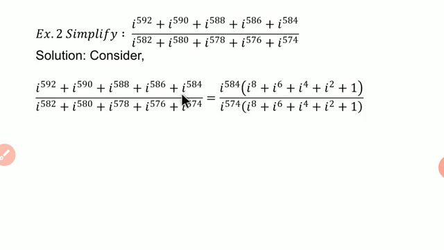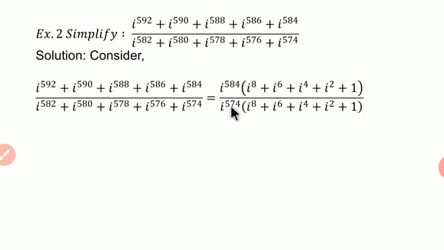Now taking i raised to 584 as a common part from the numerator, what remains inside the bracket is i raised to 8 plus i raised to 6 plus i raised to 4 plus i squared plus 1.